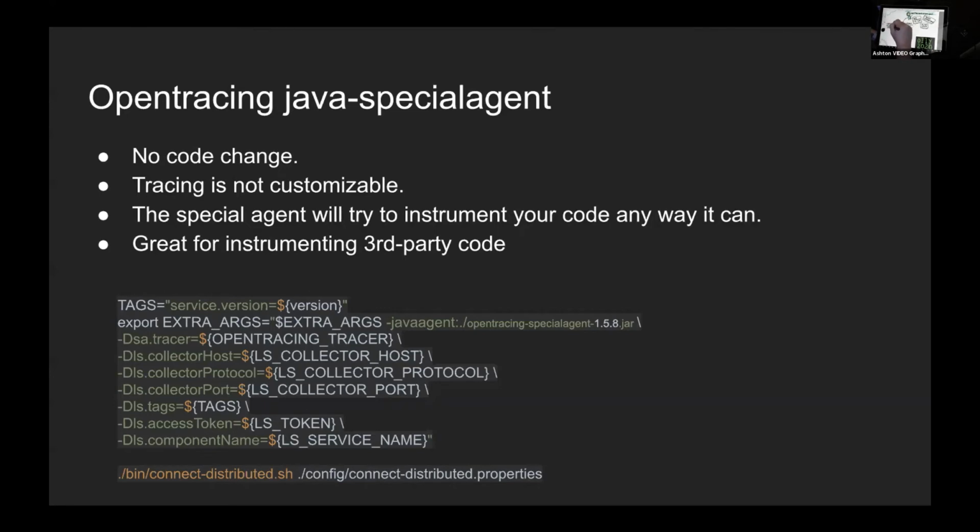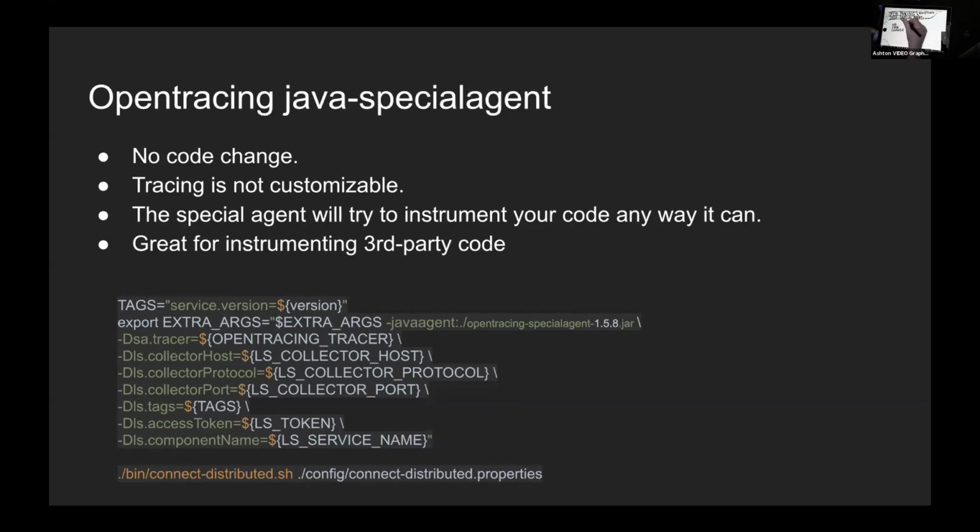You just start it up along with this OpenTracing Java Agent, and inside the Java Agent package are all those instrumentation libraries that I mentioned. On startup, it just goes through and says, hey, are you using SQL queries? Great, I'll instrument that and add spans anytime you do that. Are you using Kafka? Okay, I will write spans anytime you produce or consume a message. Are you using HTTP? I'll add spans to that, and so on and so forth. So it's a great way to get started without any code changes.